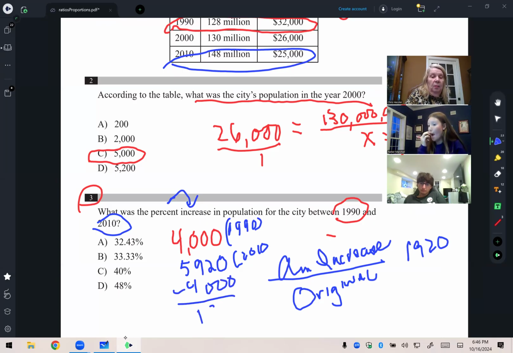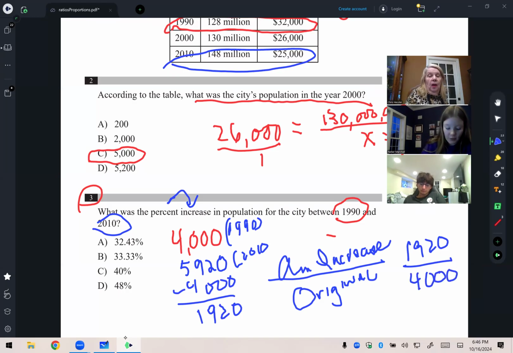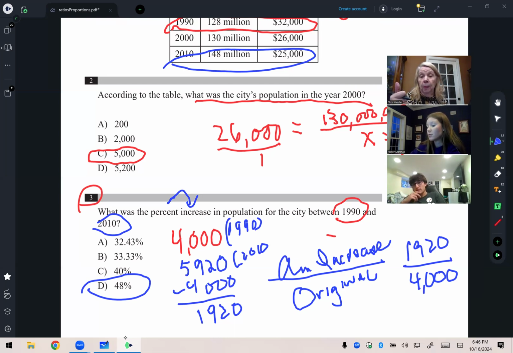Sorry about this sloppy screen. Then I put it over the original, which was 4,000, and I'm going to get 48%. Yes, 4,000. So we're okay with that?